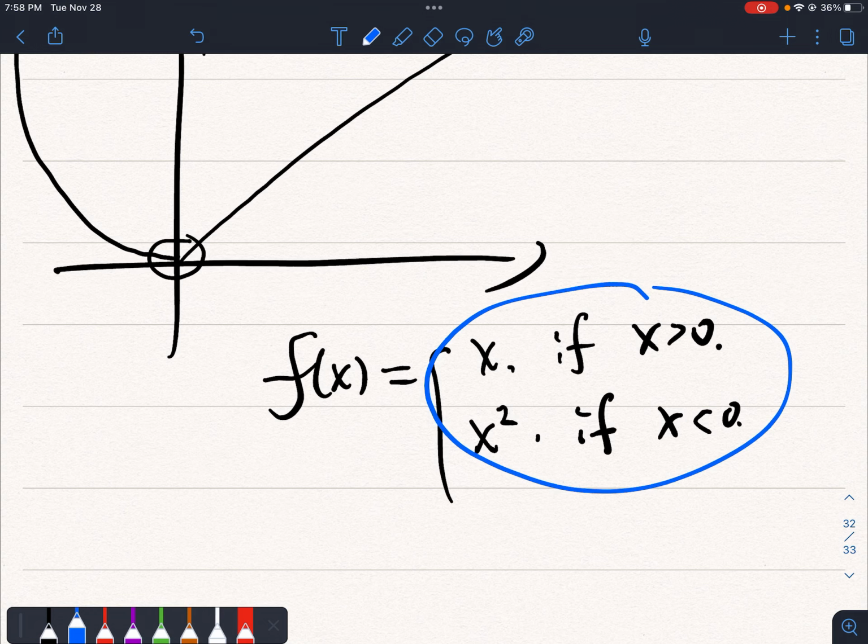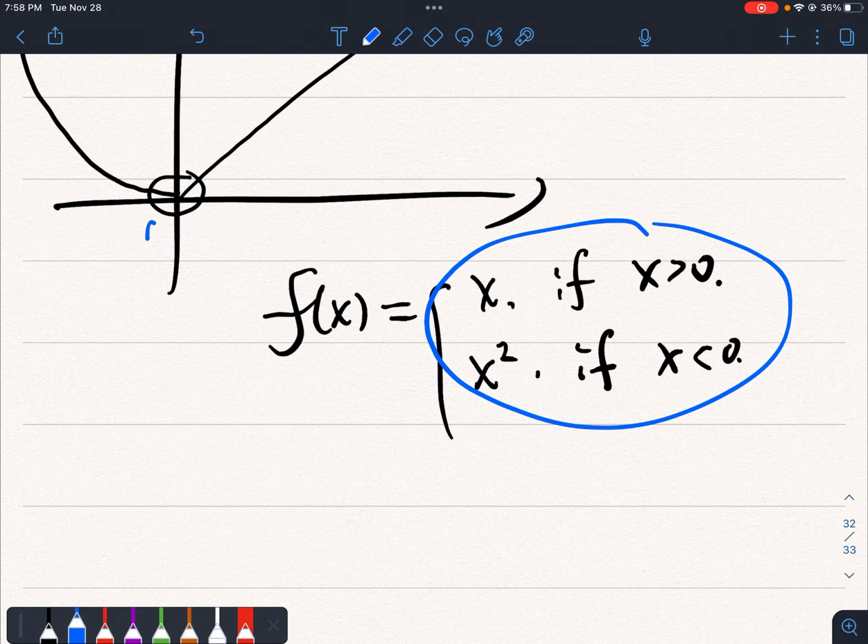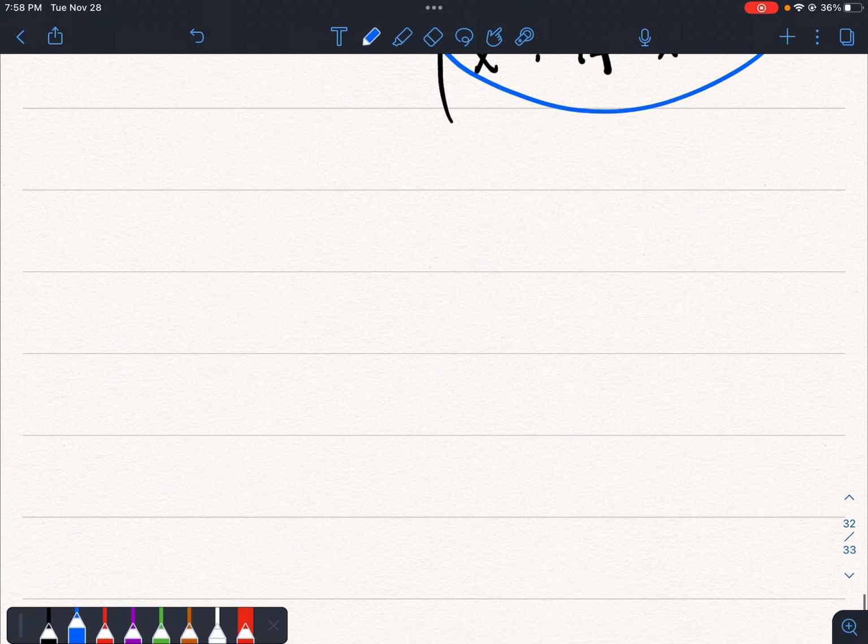What we want is a definition that basically means if x is close enough to this point, in this case 0, but actually it can be any point.